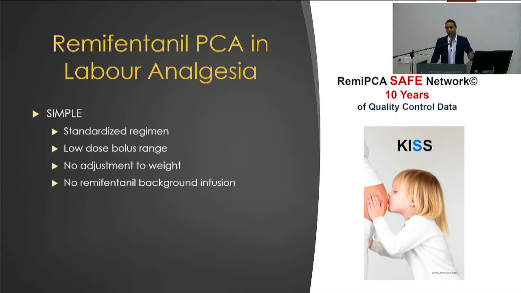You can't give it to a patient who has had pethidine within 5 hours; after 5 hours, it would be okay to use the remifentanil PCA. You can also use it with Entonox, and there is some benefit with Entonox and remifentanil PCA.